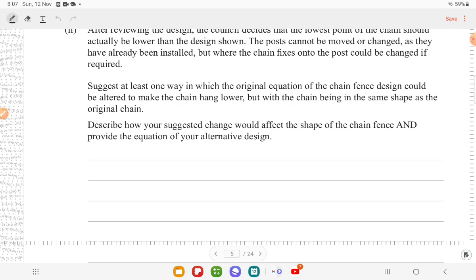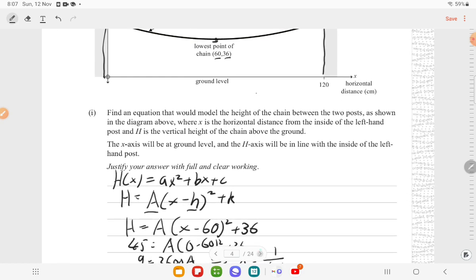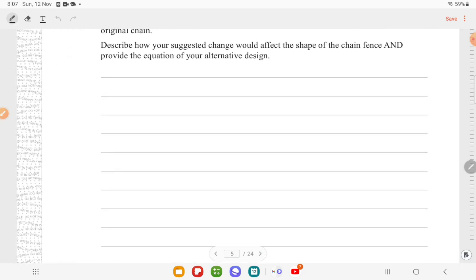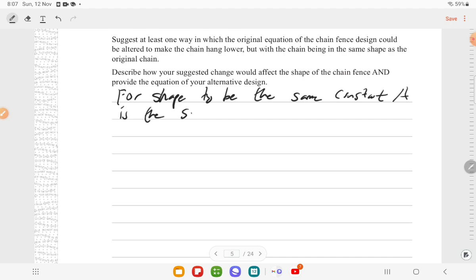So for the chain to be in the same shape, we need this constant a to stay the same.